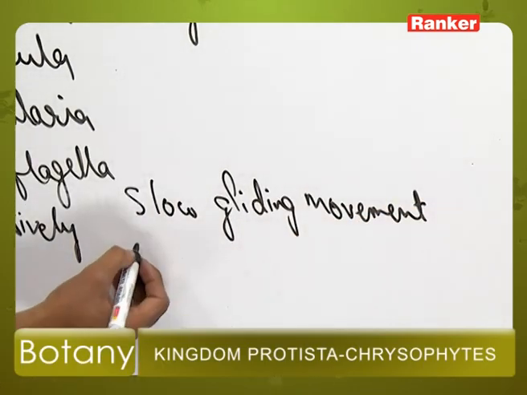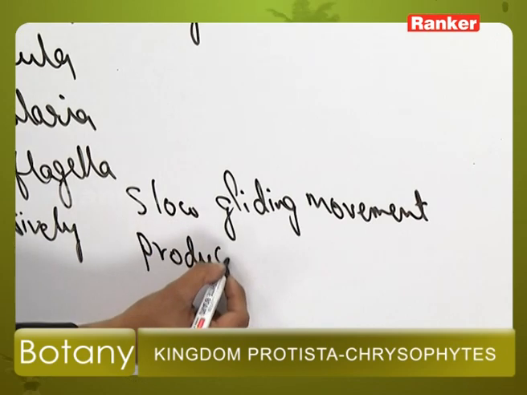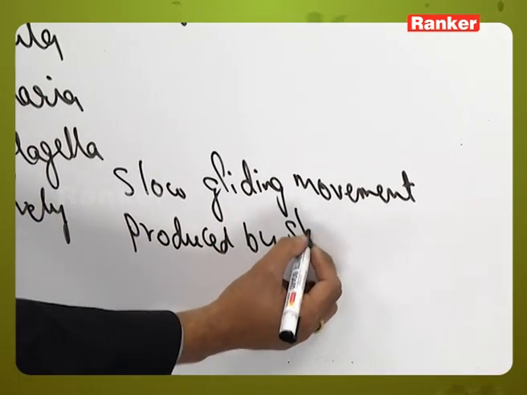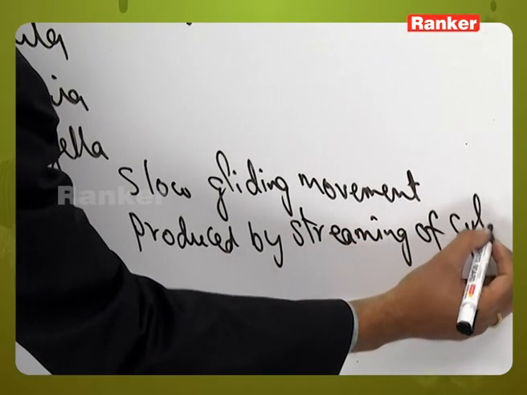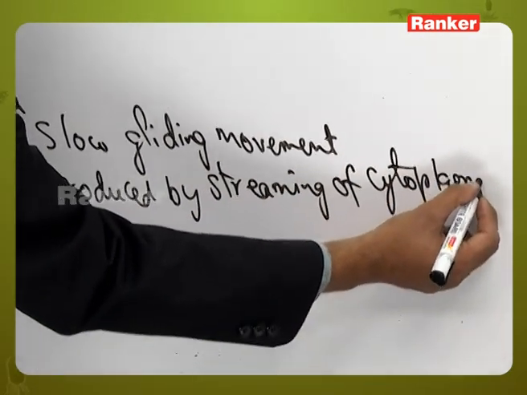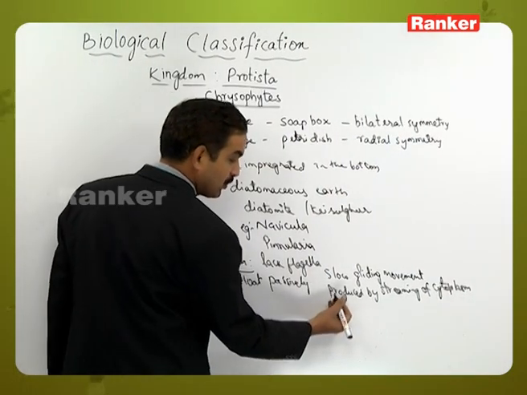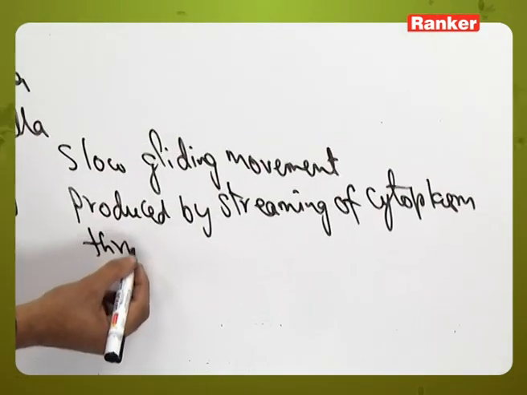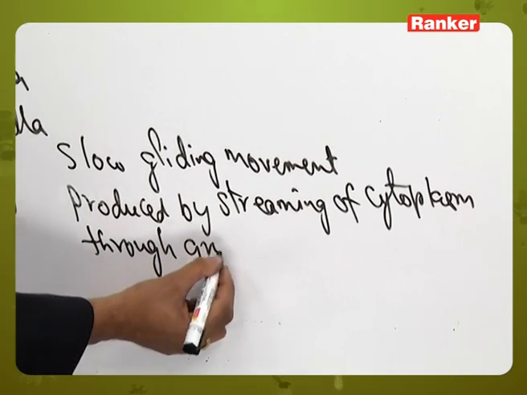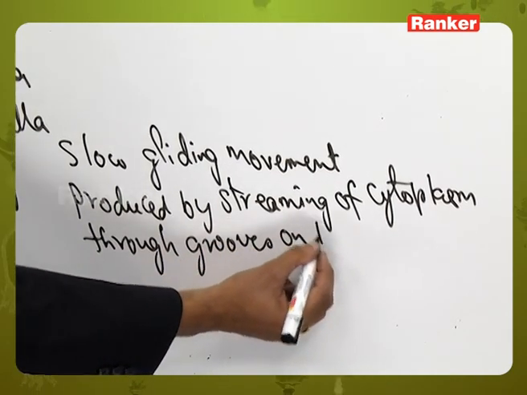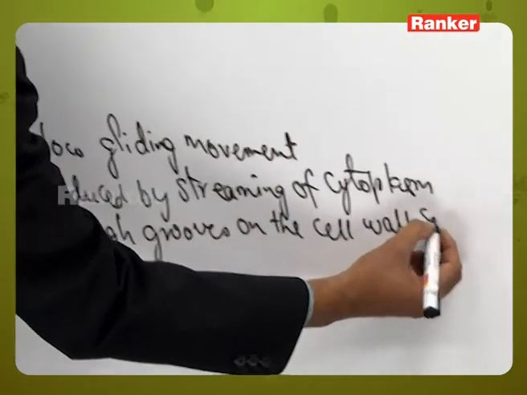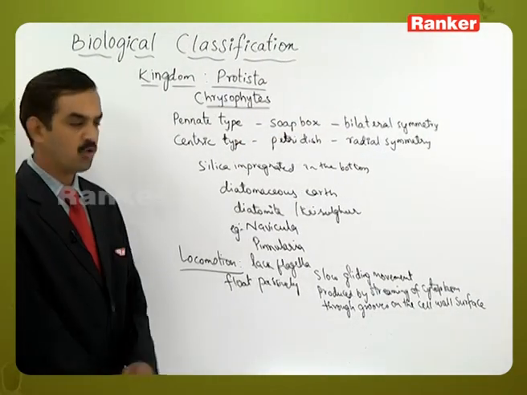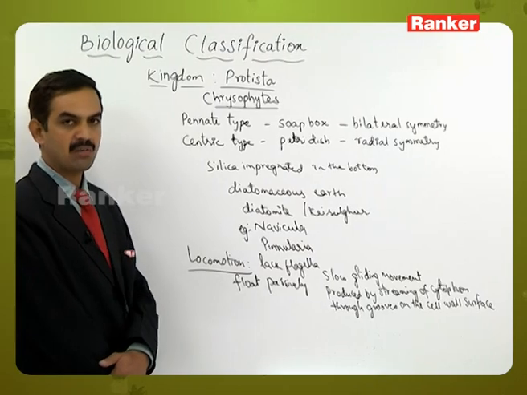These slow gliding movements are produced by streaming of cytoplasm, through the grooves on the surface of the cell wall. This type of locomotion is exhibited by the members of chrysophytes.